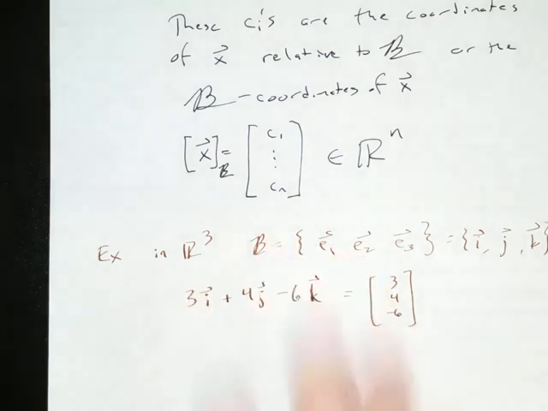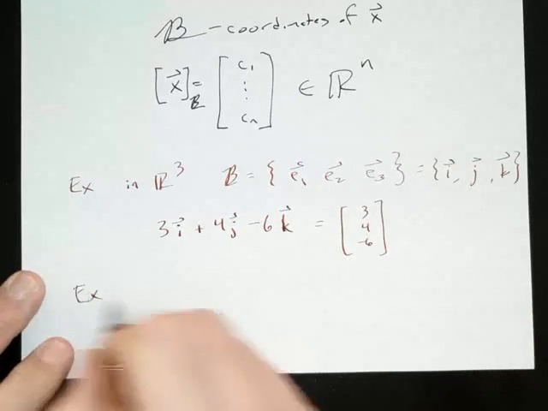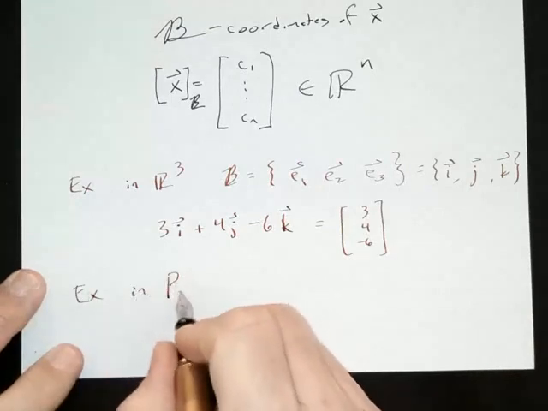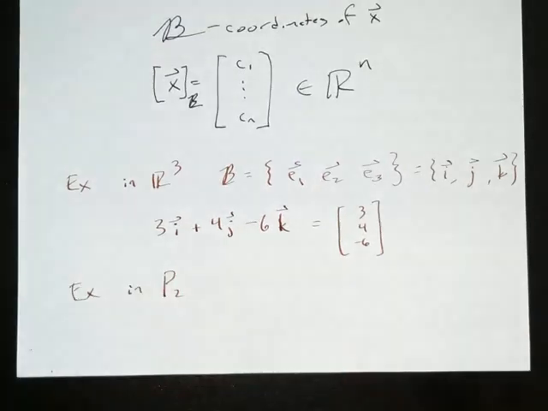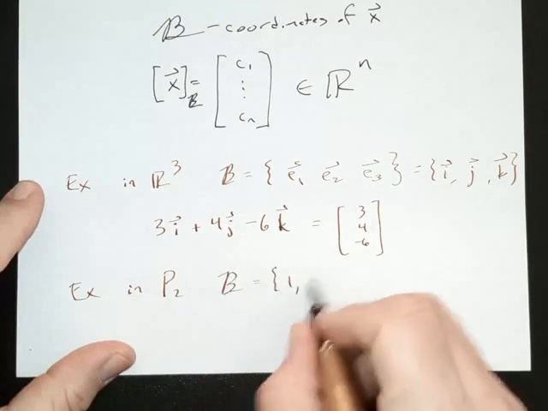But I don't have to think about just vectors in R3. So let me pick a different space. Polynomials of degree 2 or less. And I will again use the standard basis.